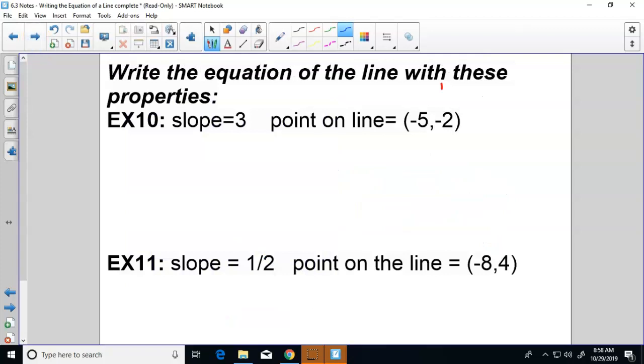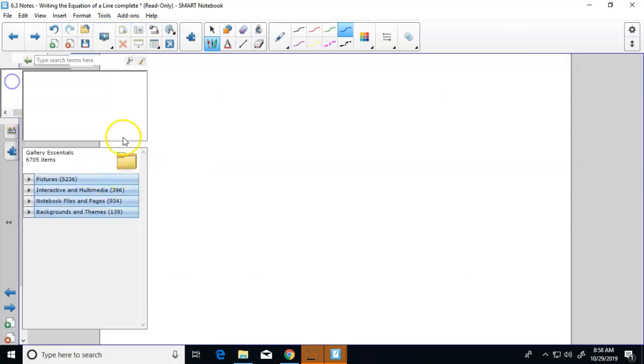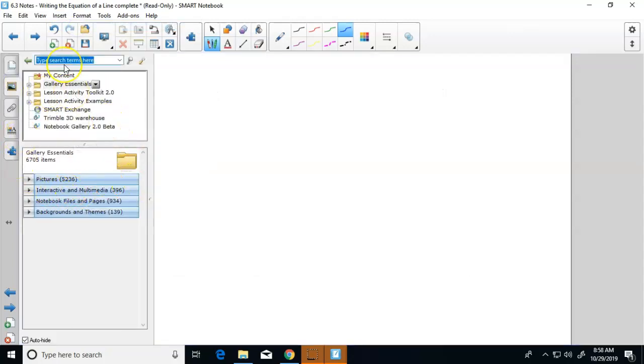However, it does not always work very well. You don't have to write this down, I'm just going to show you how it sometimes does not work.